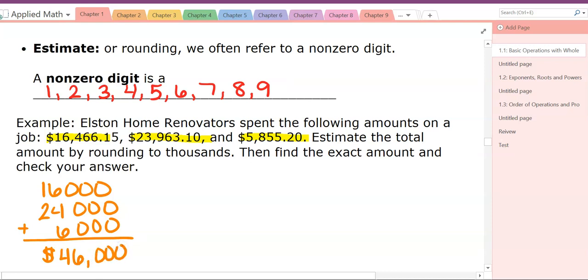Now, if you actually add them, and I would say you could probably grab a calculator to help you do that, the exact answer is going to come out to be $46,284.45.